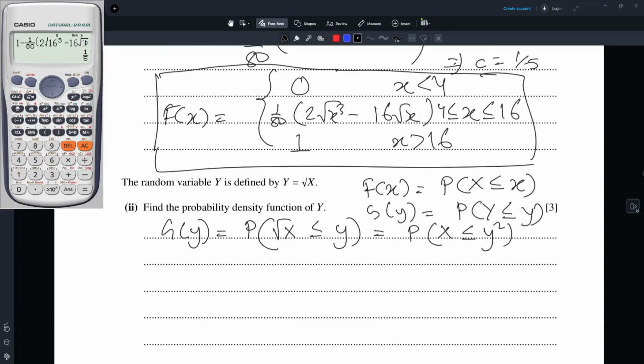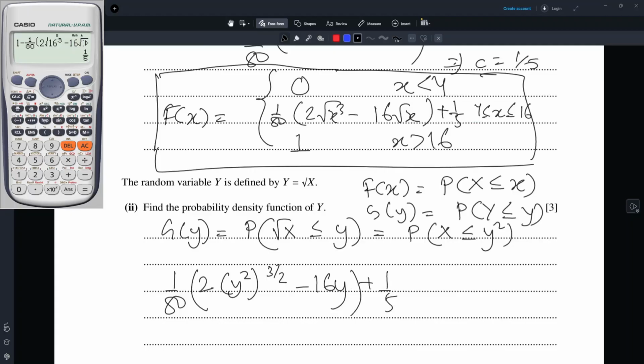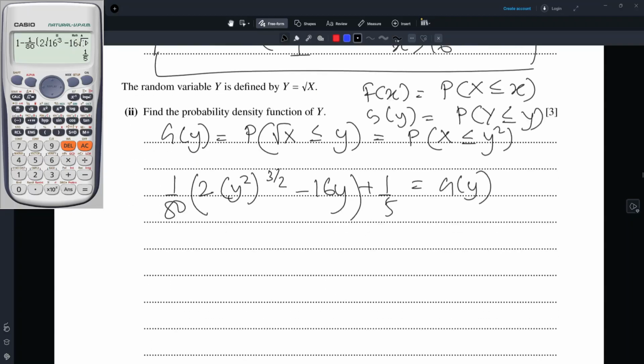The way we write this is like this. 1 by 80, 2 into y squared to the power 3 by 2, minus 16y. Oh wait, I forgot the 1 by 5 there. Plus 1 by 5. This is supposed to be my G of y.